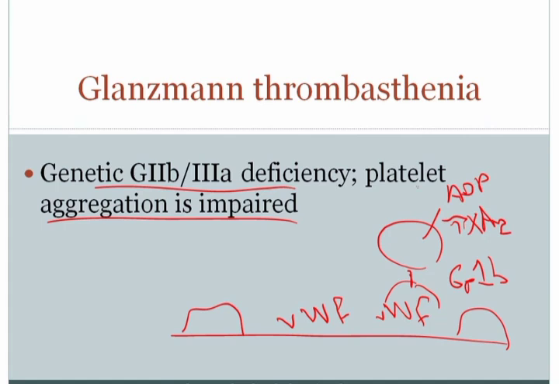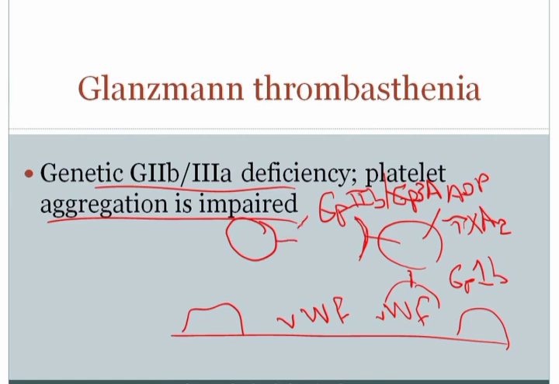Now remember that the role of ADP was what? Was to cause the platelet to flip out this particular receptor and to express a receptor called GP2B3A, right? And you know that that particular receptor is necessary for the aggregation of other platelets.